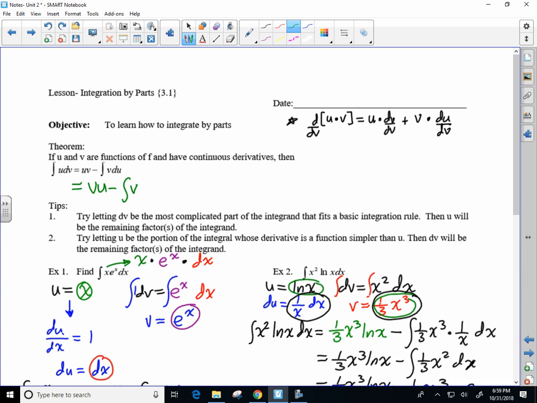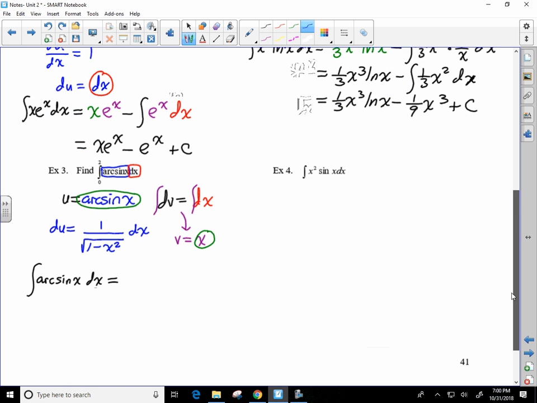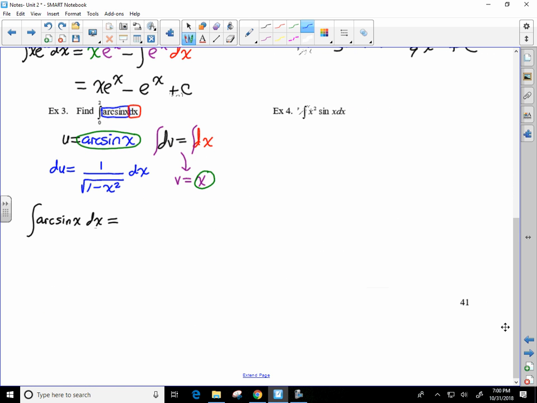And mnemonic-wise, it actually has a little bit more consistency. Got our v's and u's in the same order. Anyway, uv, aka vu, x arc sine of x minus the integral of v du.